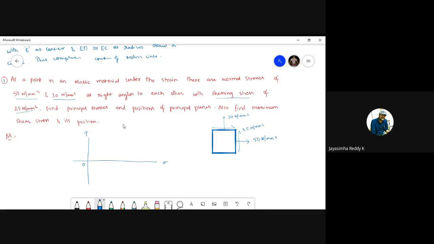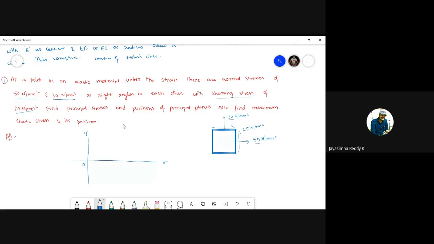After doing this, mark 2 points on this O sigma line. On the x-axis we have to mark 2 points such that they are at a distance of 30 mm and 50 mm from the O point.